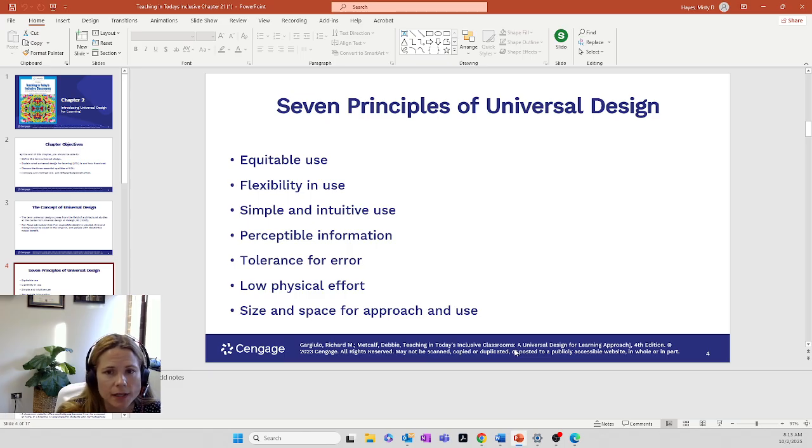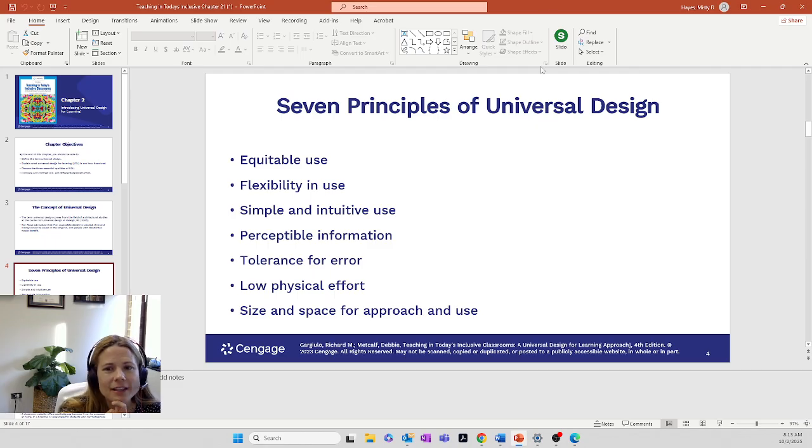Not UDL. UDL is universal design for learning. But if we're specifically looking at universal design, it shows equitable use, flexibility in use, it's simple and intuitive use, perceptible information, tolerance for error, low physical effort, size and space for approach and use.